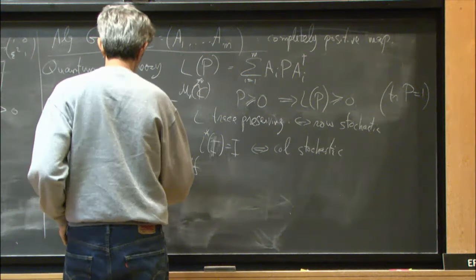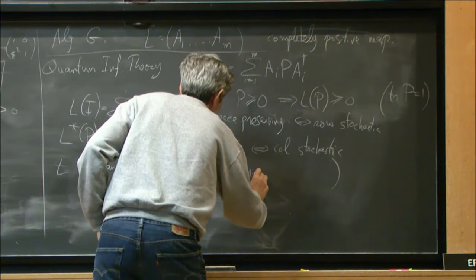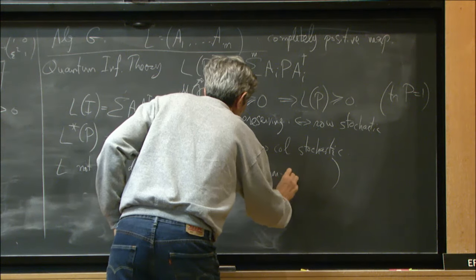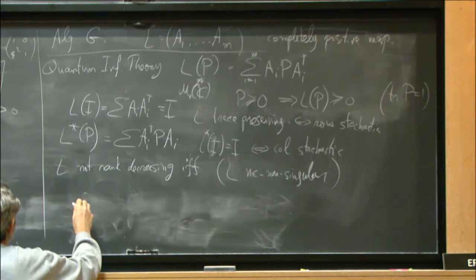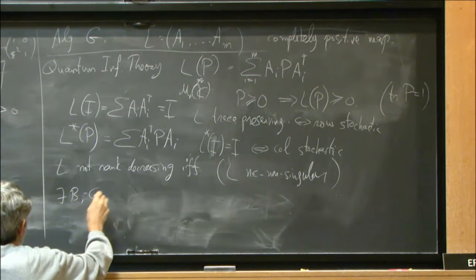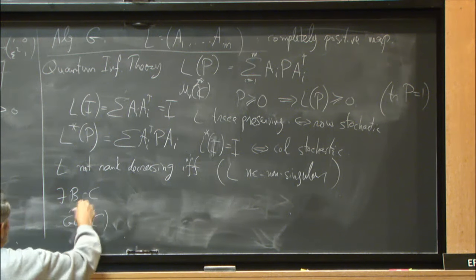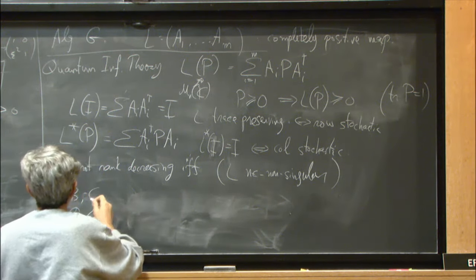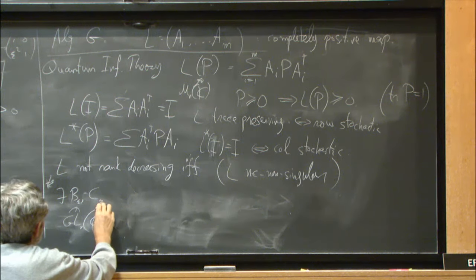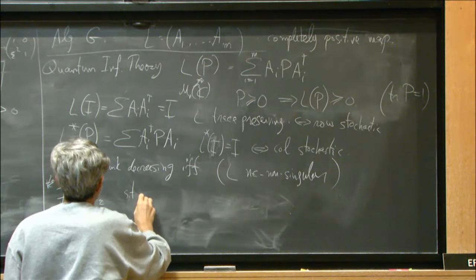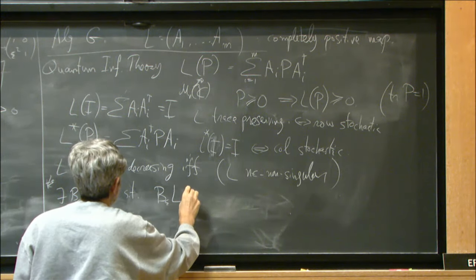So not rank decreasing if and only if L is non-singular, non-commutative non-singular, if and only if there exist B and C, invertible matrices in GLN, such that for every epsilon, B epsilon L C epsilon is almost doubly stochastic.